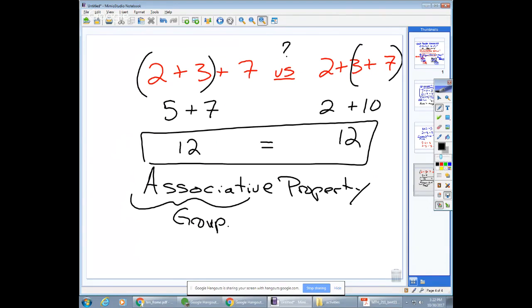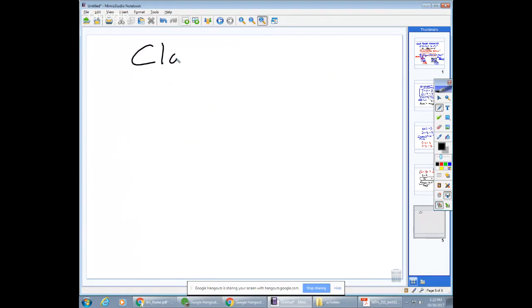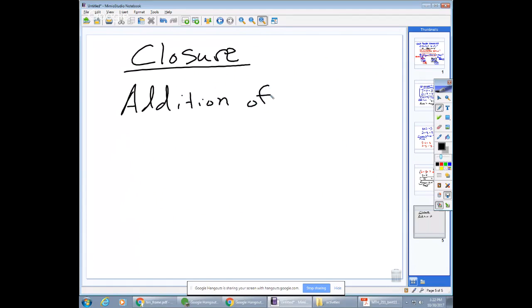Okay, so Nikki brought up an idea called closure. At the moment, we're mostly talking about addition, a little bit of subtraction. And we're only working with whole numbers for the moment.